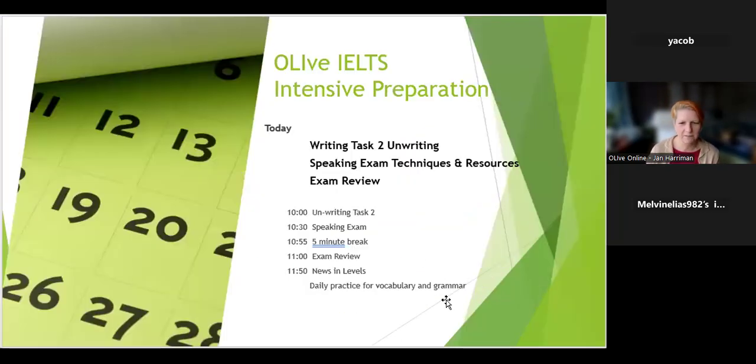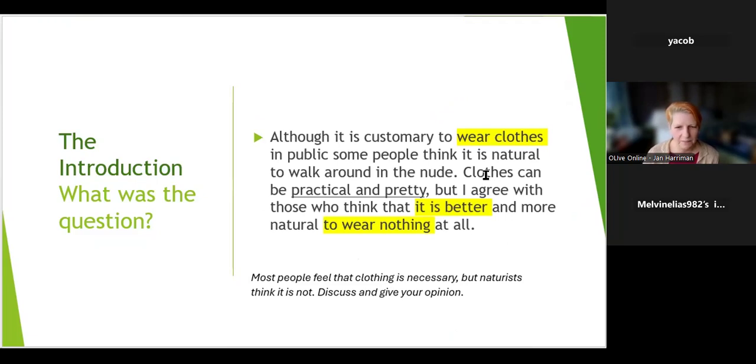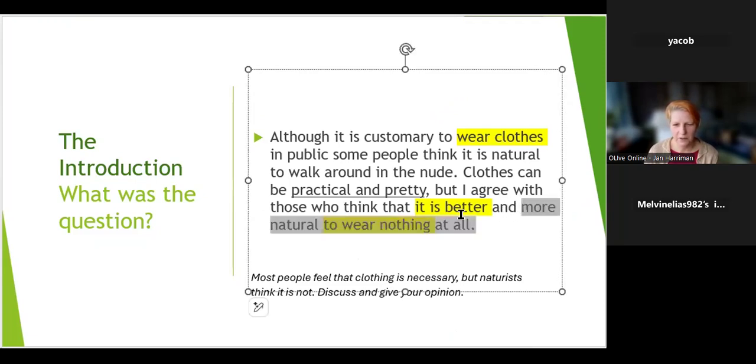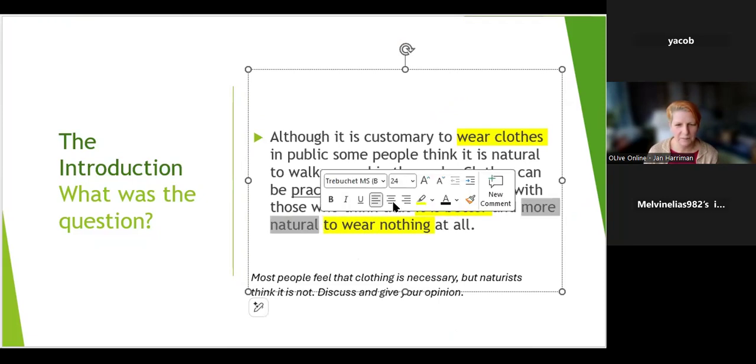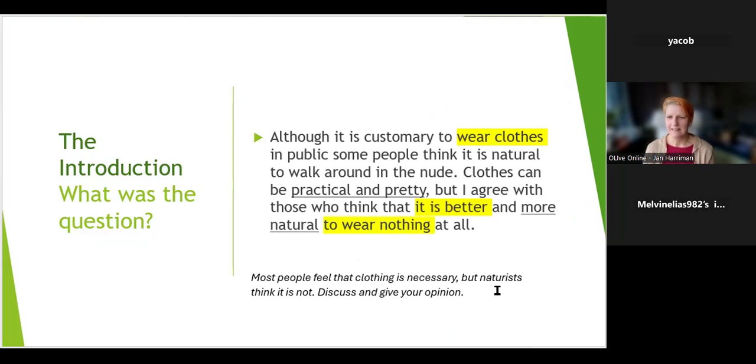Sorry, bouncy mouse. Right, so clothes can be practical and pretty, and the argument for not wearing them is going to at least include more natural. Do you see how this introduction sets up our expectations for the essay?